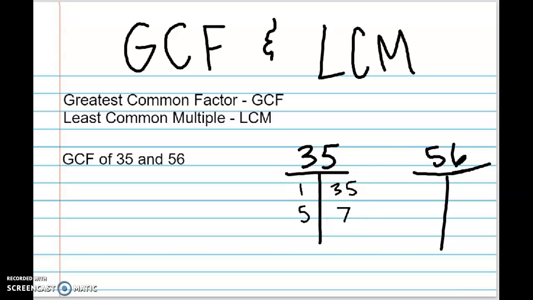Let's do 56 now. Hopefully it's a little bit more. 1 and 56, right off the bat. It is even, so we can do 2, and half of 56 is 28. Let's think. Does 3 go into 56?